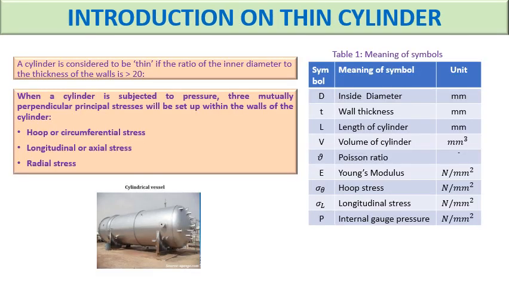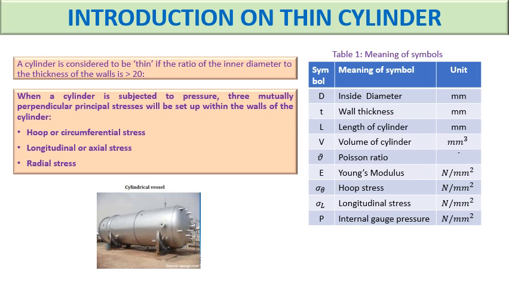What is a pressure vessel? A pressure vessel is a container designed to hold gases or liquids at high pressure. How is a pressure vessel fabricated? A cylindrical pressure vessel is fabricated by rolling of steel plates.